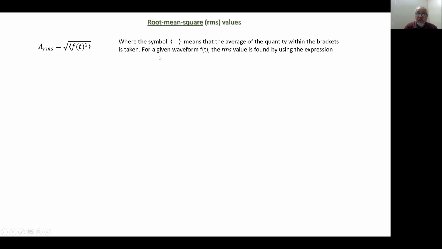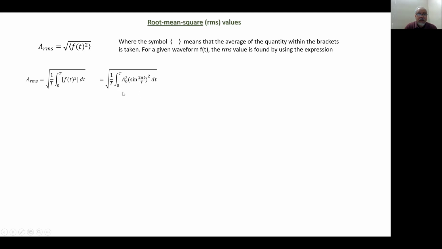Okay, and for a given waveform f of t, the root mean square value is found by using this expression. That's the expression that we're using when we're dealing with the function. It is the same as this one, but now this is using integrals.